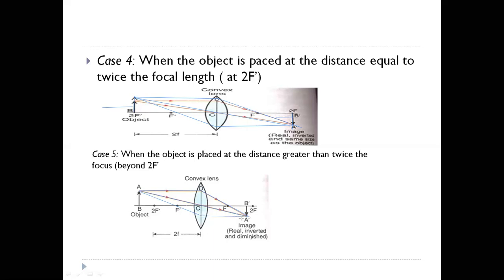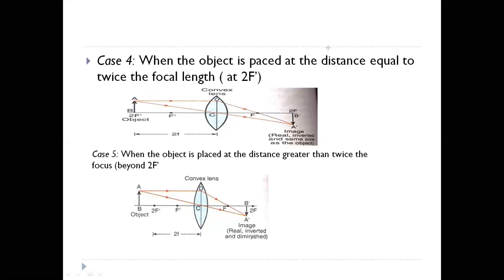Again, out of these three rays, you can choose any two. It's your choice. In this case, again, the image is real and inverted. So real, inverted and diminished. As it's smaller than the object, it is diminished.